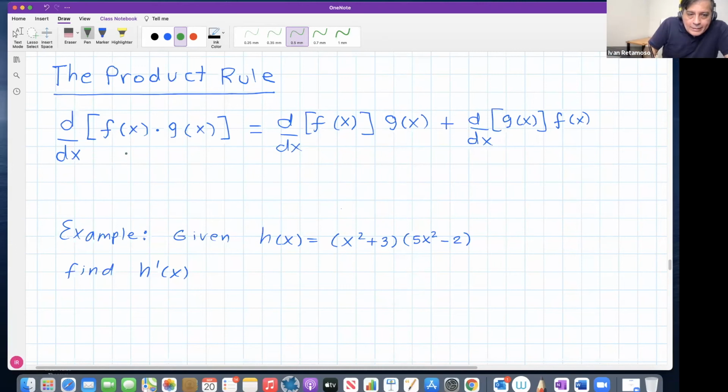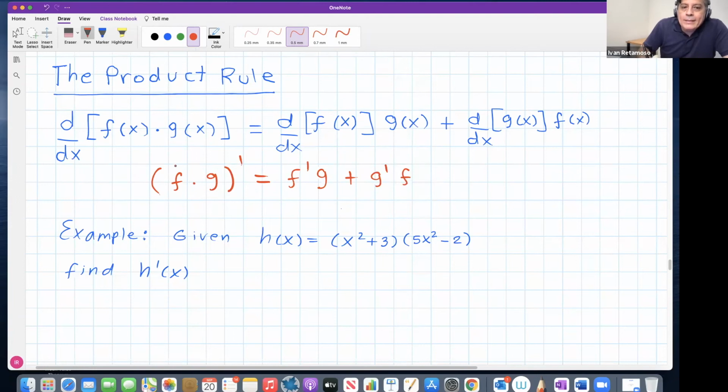Now, if this Leibniz notation is too much for you to remember, try the following. The derivative of f times g, in Newton's notation, is equal to the derivative of f times g plus the derivative of g times f.